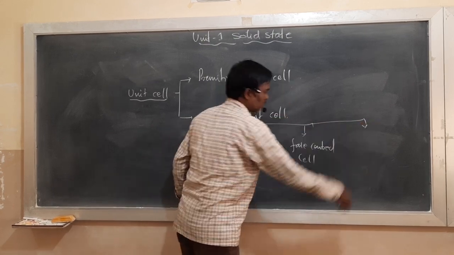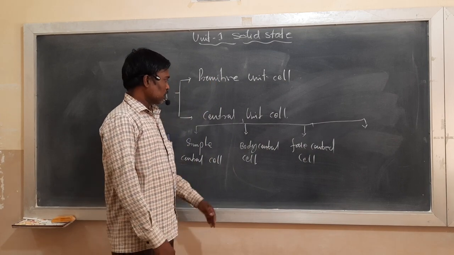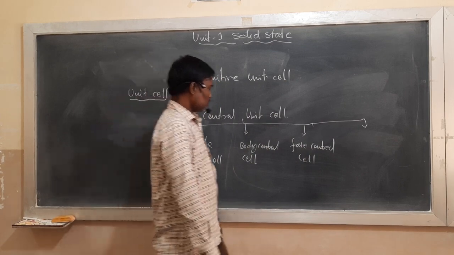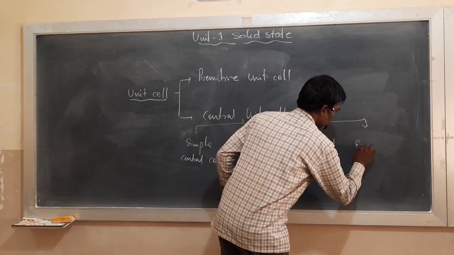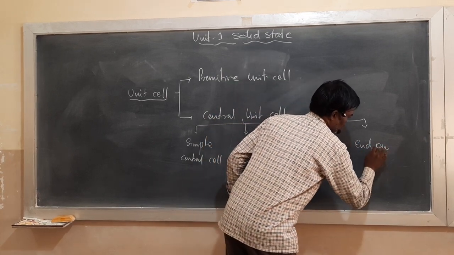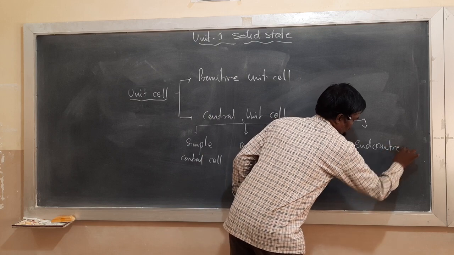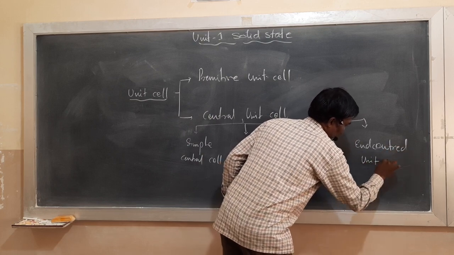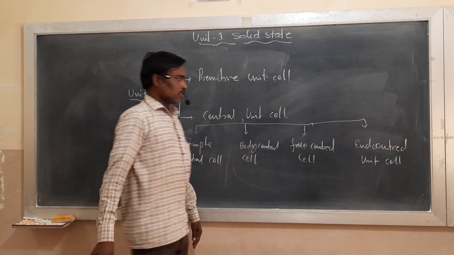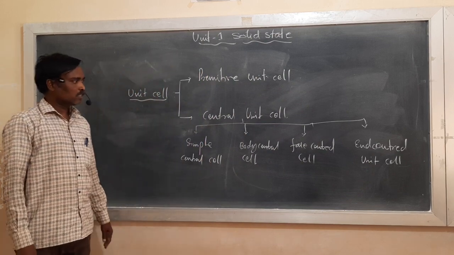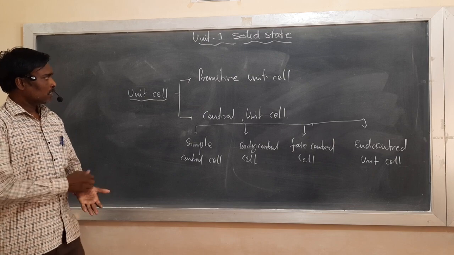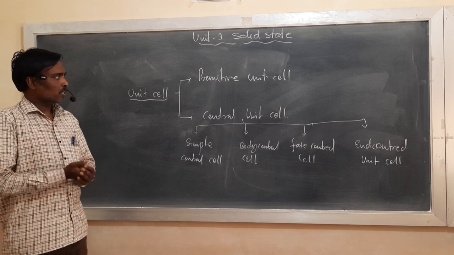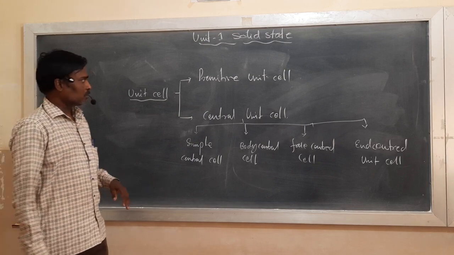And there is another type of centered unit cell that is observed in systems other than cubic, that is the end centered unit cell. So this is the classification of unit cells. This classification is purely based on the position of the constituent particles in that unit cell.